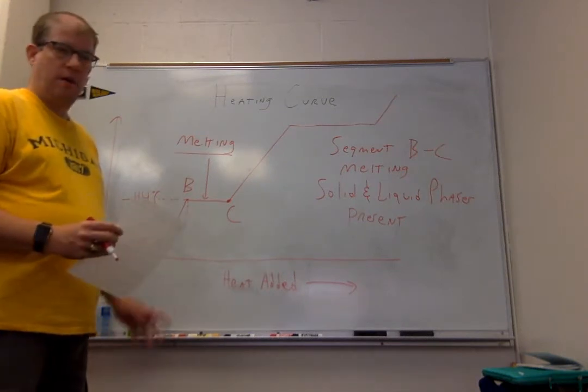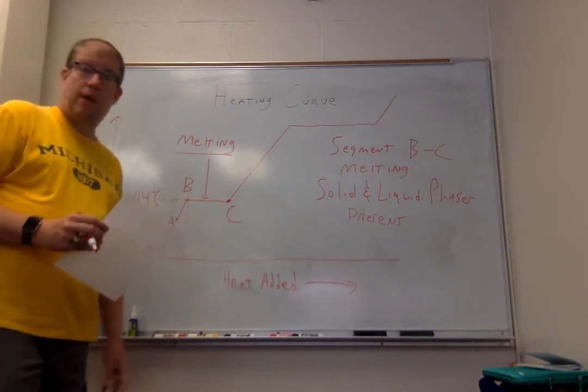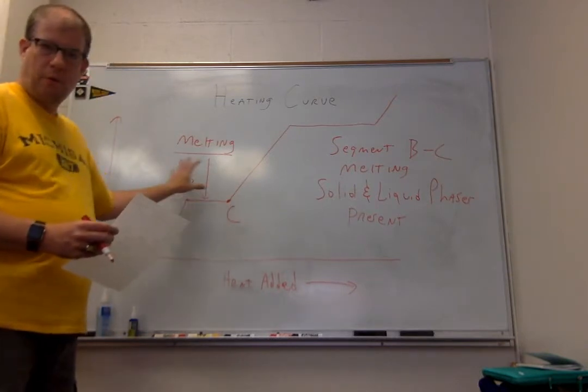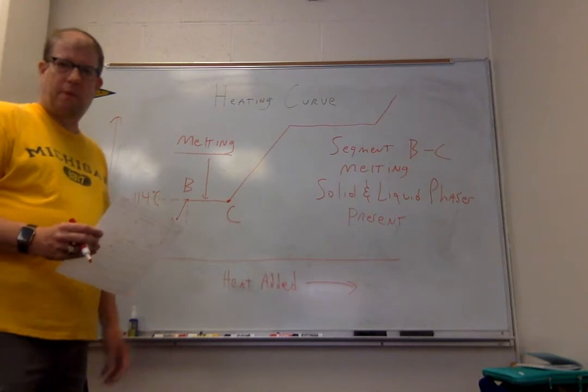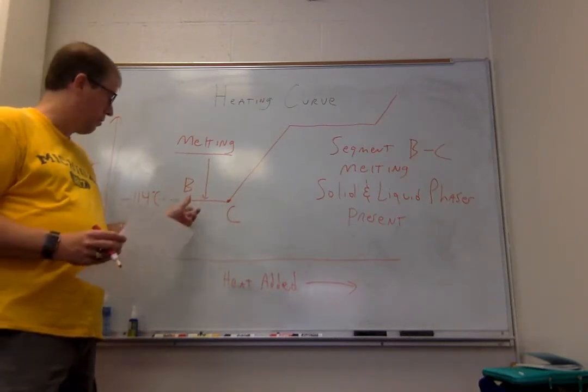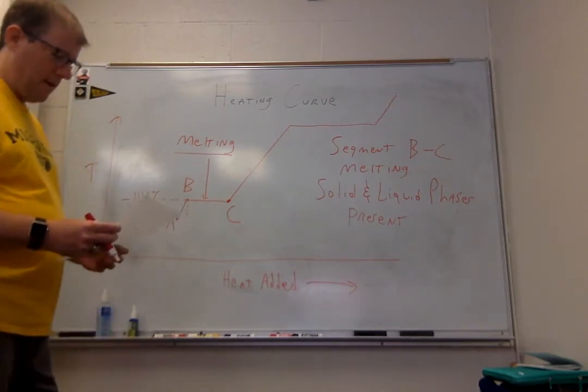Okay? So that's an important thing to realize as well, because on the exam you might be asked, along segment B to C, or whatever it's labeled, what phases are present. So when you start melting a solid, you start to see the liquid form. They're both there. All right.